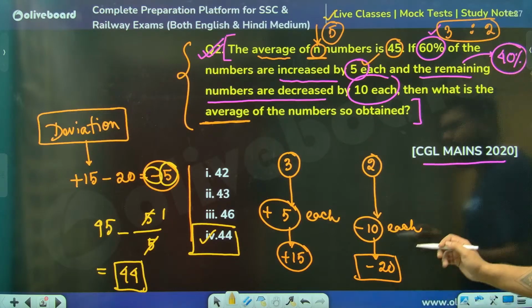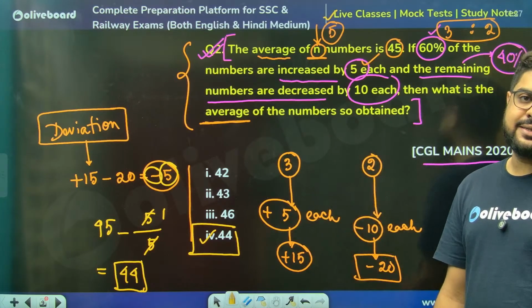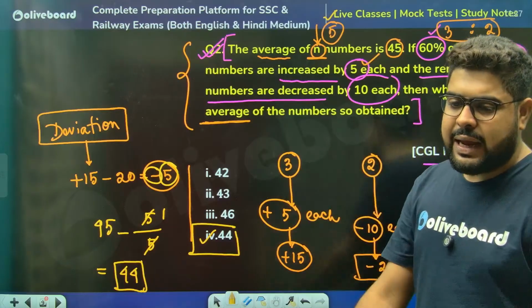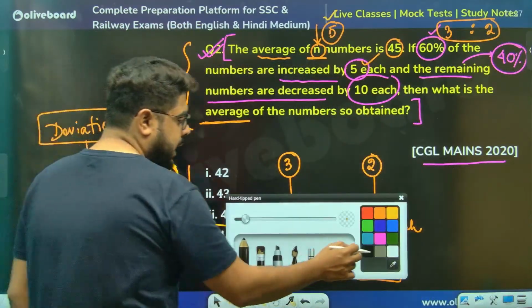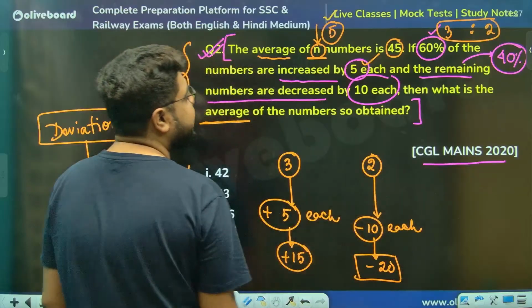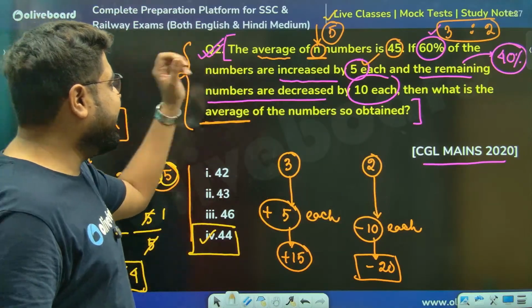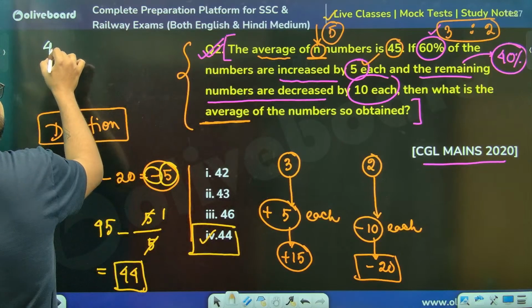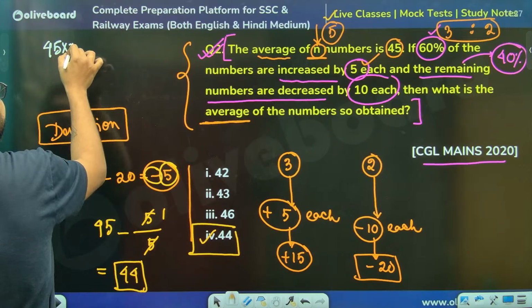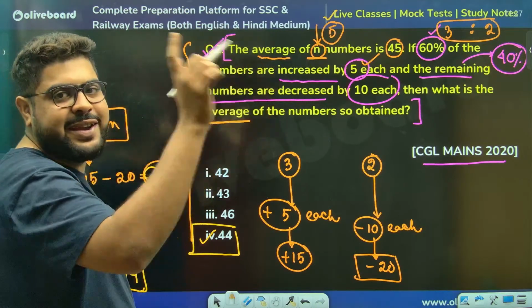You see, we have not done any calculations. Now, how do 99% of the students do it? They will say, "Sir, the average of n numbers is 45, so the sum will be 45 into n, because sum is average into n."